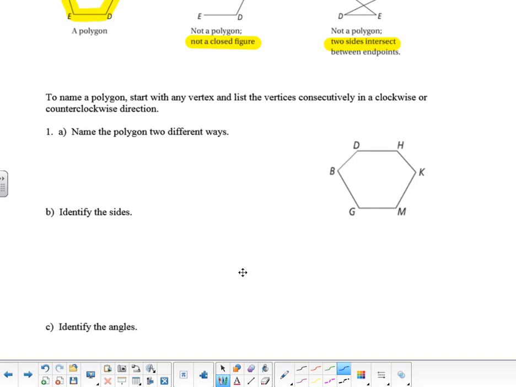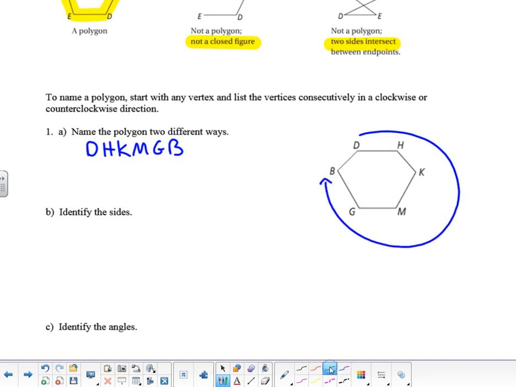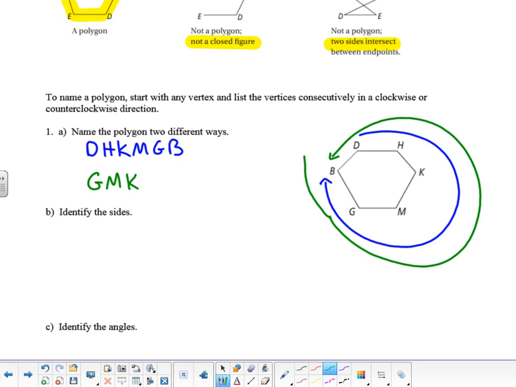We could call this D, H, K, M, G, B. I started at D and went this way. That's clockwise. Let's do one a different way. I'm going to start this one at G, and this time I'm going to go counterclockwise, this way. So that would be G, M, K, H, D, B.